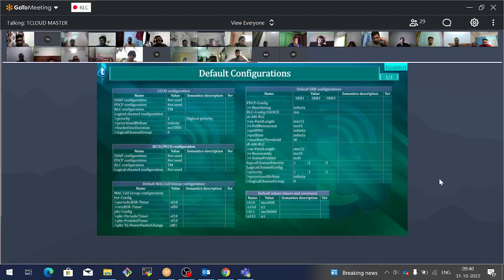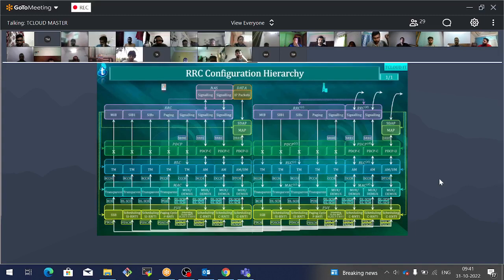Now, when does the mobile use this CCCH? Let us go back. If you take a look at this, SRB0, while there is no SRB1, SRB2 present, the first time the mobile tries to communicate with the gNode B, it is using this SRB0 on CCCH.